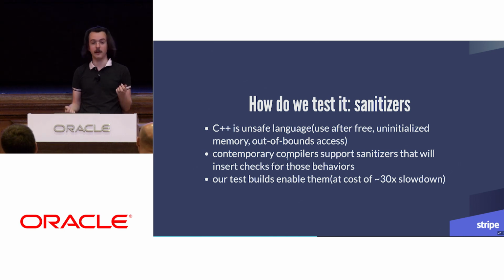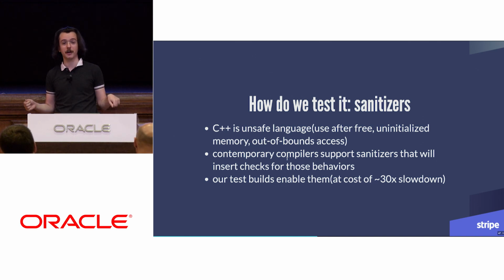The core problem that sanitizers actually solve is that a lot of those bugs where you misuse C++ can be silent, in that your program will happen to work and succeed, but in the meantime it will corrupt some data. Maybe you didn't use this data so you weren't able to observe that it was corrupted, but having those silent failures is really bad. So if you're writing C++, sanitizers are awesome.